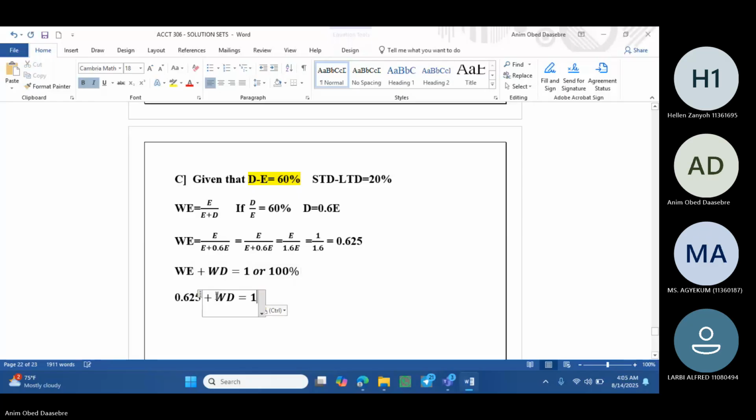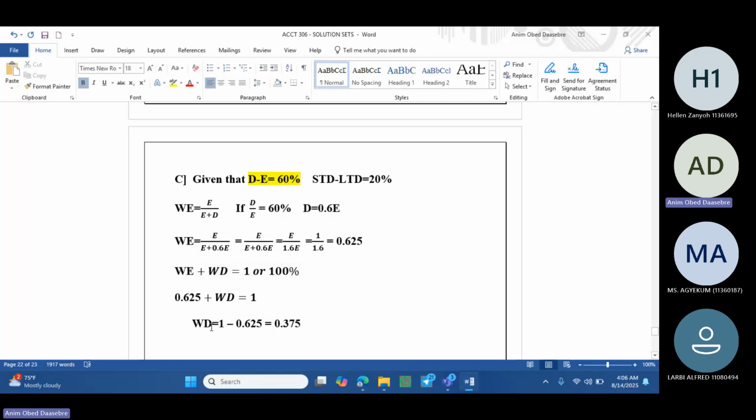So making the change of subject, we say that the weight of debt will be equal to 1 minus 0.625, giving us 0.375.